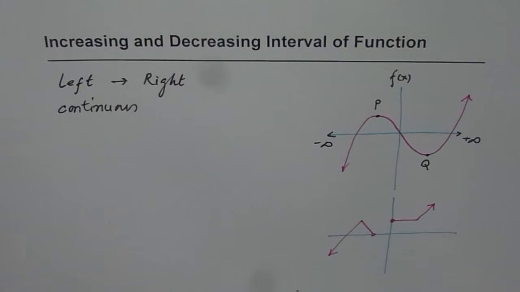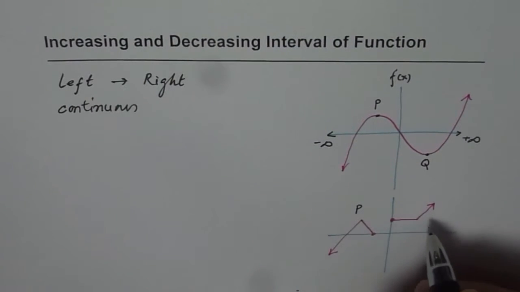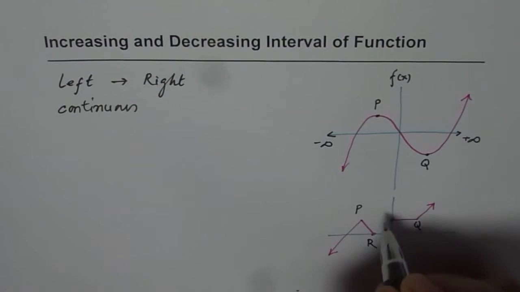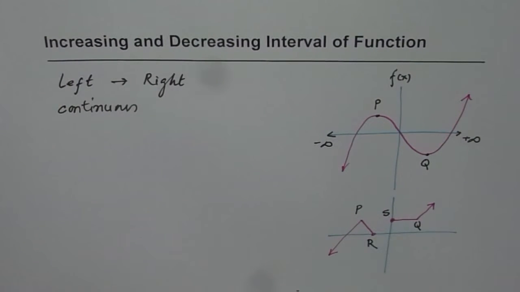So when you mark the turning points, for example P and Q, right? This is also a turn, and also mark the points where the function is discontinuous. So let us say these points are R and S. And then have a look at the function, correct? So that is how you can easily find increasing and decreasing intervals.